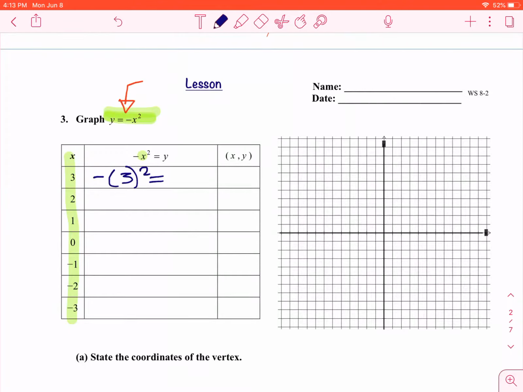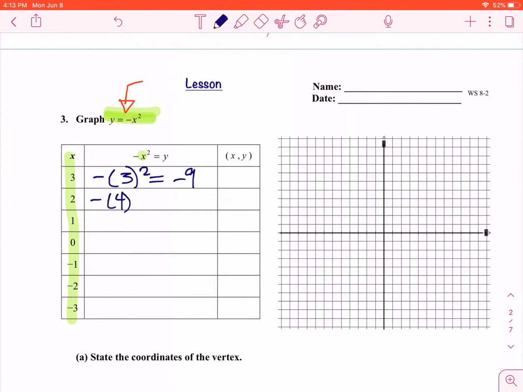So we're not doing (-3) squared, we're doing negative, open bracket, 3 squared, and then applying that sign that's right in front of it. So I know 3 to the power of 2 is 9, then I have to include that negative. So that's actually going to be negative 9.